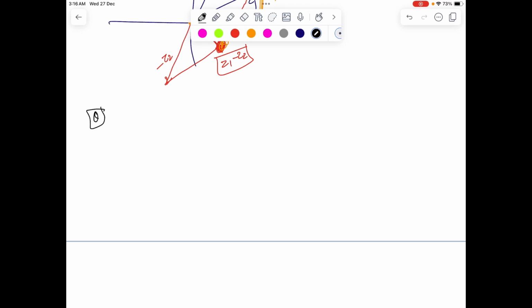Let's take a question, and in the next lecture we'll see the multiplication of complex numbers. So if we take 1 plus i square till i to the power 10, what will we get? Clearly you can see i square is going to be minus 1, i cube is i times i square.